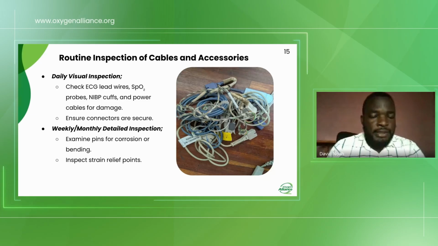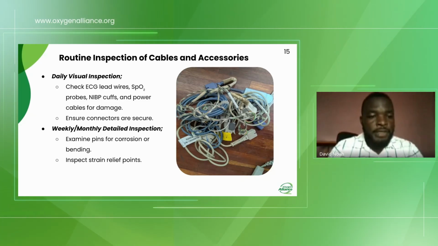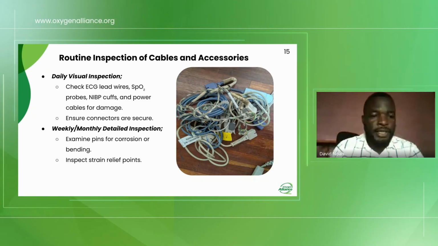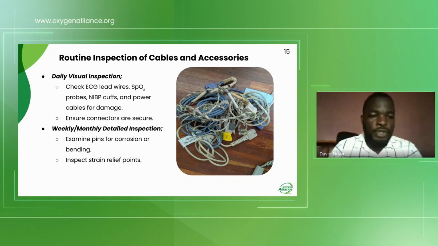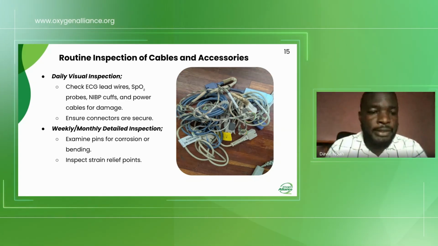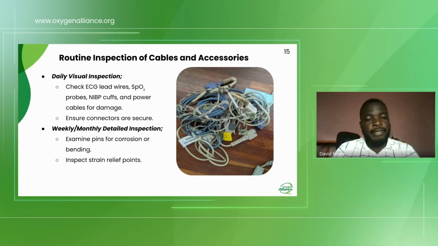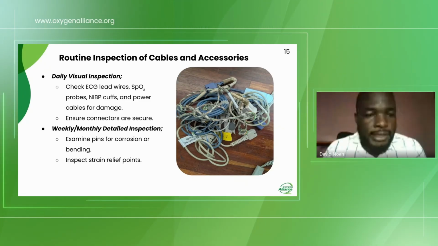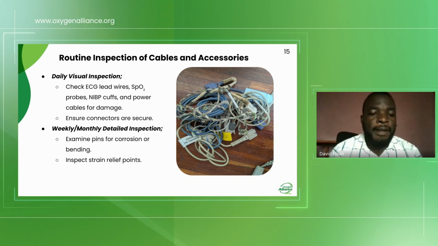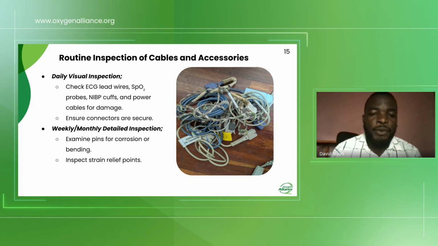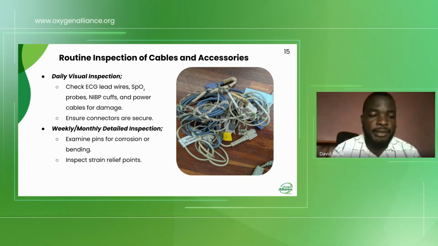On a daily basis, maintenance personnel or the clinicians should do a visual inspection, which involves checking the ECG lead wires for cracks or exposed wires, checking the SpO2 probes and NIBP cuffs, and even the power cables for any kind of damage.